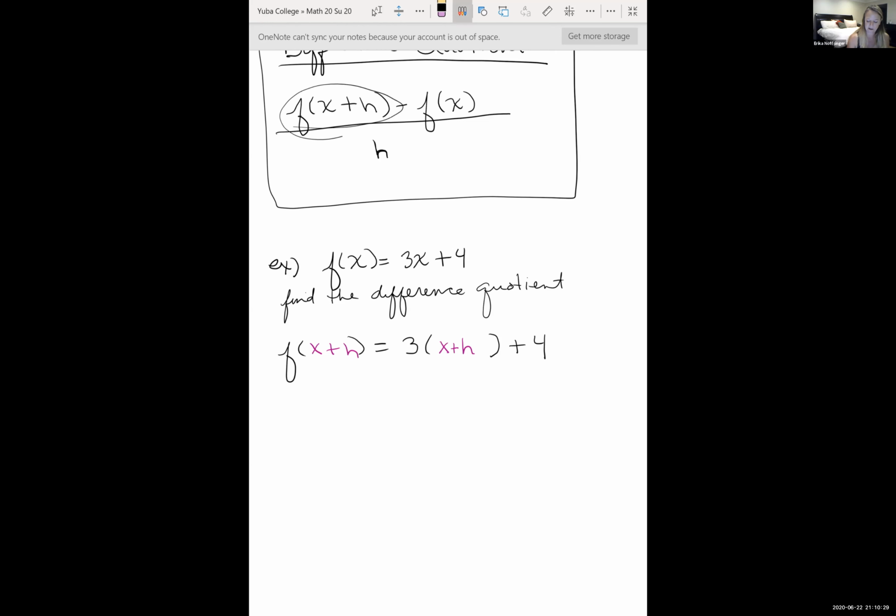So let's simplify it a little bit before we go back and plug it in. And so notice we can distribute that 3 inside the parentheses. So that would give us 3x plus 3h plus 4. So none of those are like terms, and so we're going to put it like that. And now let's look at negative f of x.